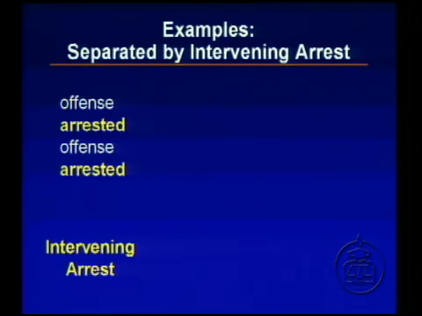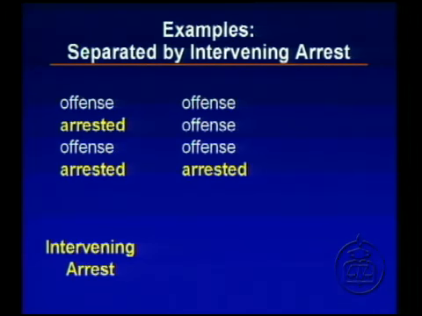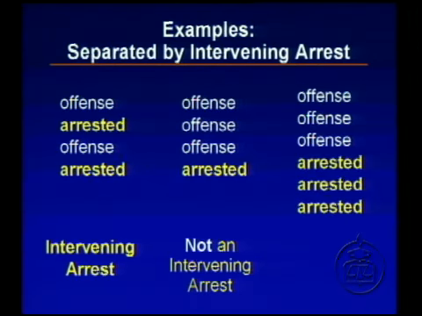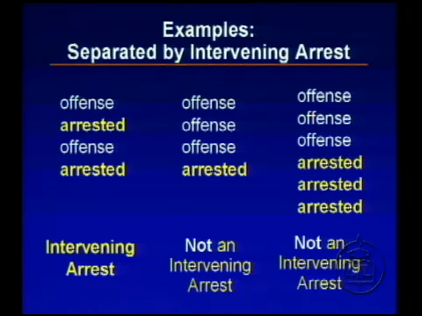In contrast, however, where a defendant committed 3 offenses and then was arrested, or where a defendant committed 3 offenses and then was arrested on 3 separate occasions for all of those offenses, those offenses are not separated by an intervening arrest. So at this point then, the court will need to move on and look to the other criteria in order to determine whether those offenses should receive separate criminal history points or should be treated as a single sentence. So let's move on now and look at the additional single sentence criteria.